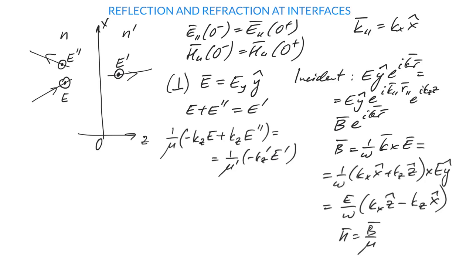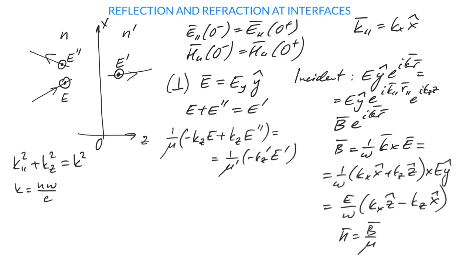Again, a reminder, k parallel squared plus kz squared equals k squared, and k is equal to n omega over c. And k is different in different regions. To the left of the interface, there's n in this expression. To the right of the interface, there's n prime.